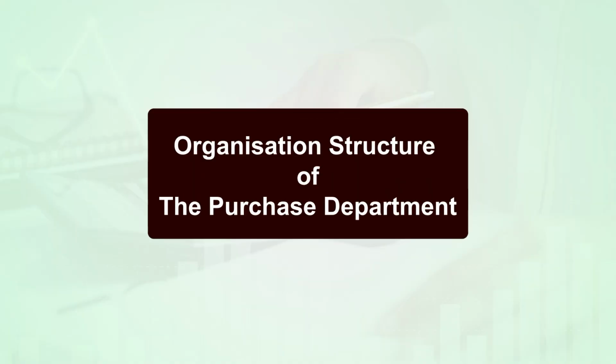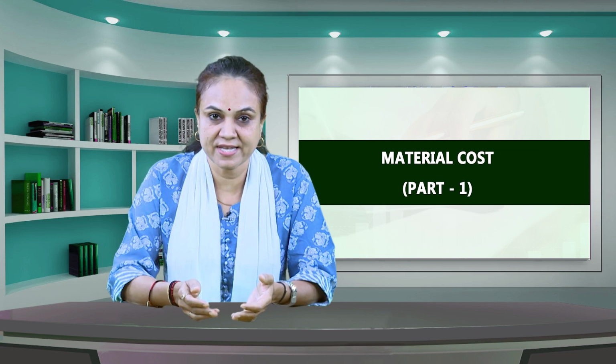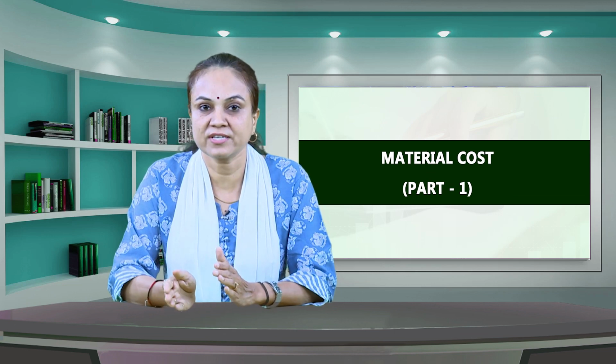Now, let's understand the organization structure of the purchase department. This structure varies from organization to organization because the size of business activities, nature of business, storage capacity, need of storage, all these factors are to be evaluated, and then this structure is formed.